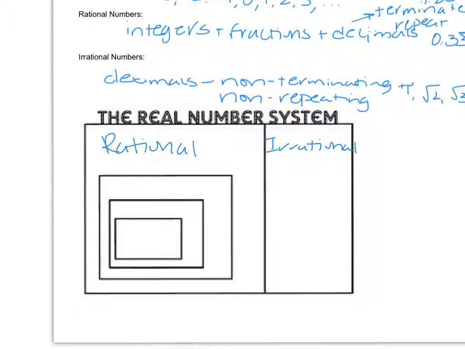Then part of the rational number system is composed of the integers. Part of the integers is composed of the whole numbers, and then part of the whole numbers is the natural numbers. Okay? And up top, you have examples of those there.